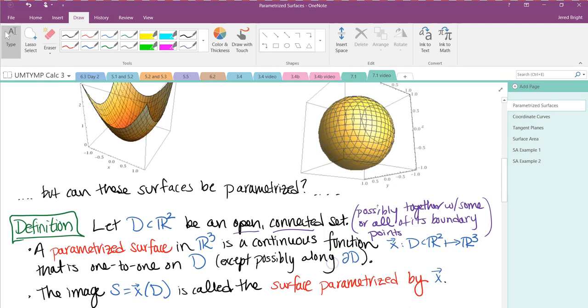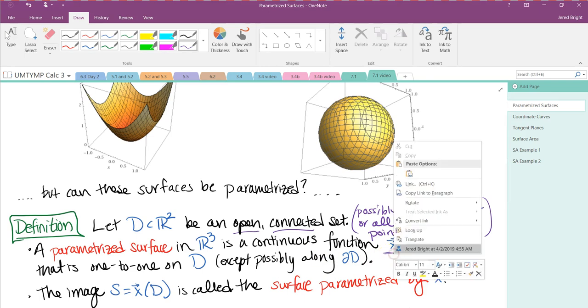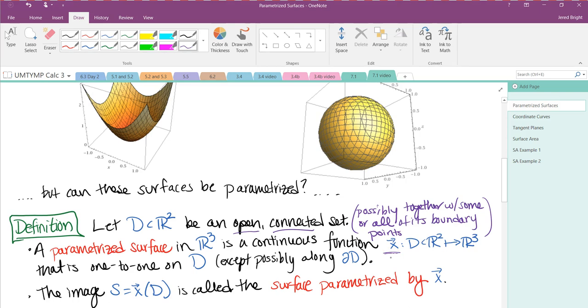And we're going to talk about a parameterized surface as being a continuous function. Great, and we're going to use vector x to denote that parameterization, or that continuous function. And we need it to be one-to-one. Most of these are, and you don't have to do too much thinking, but just be mindful of that. And then that continuous function that we develop is our parameterized surface.